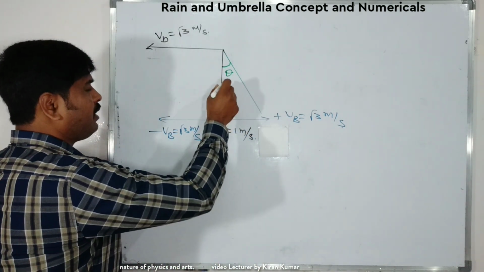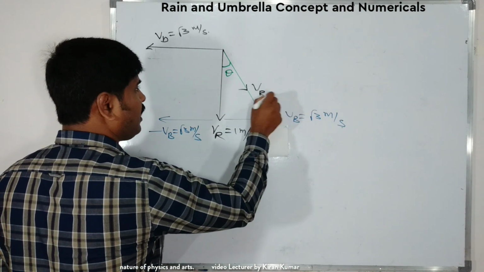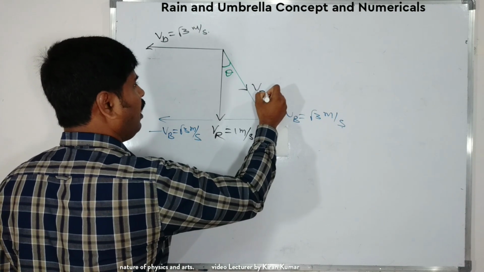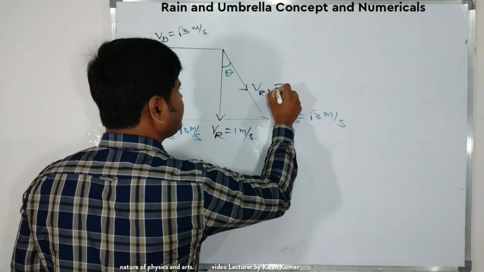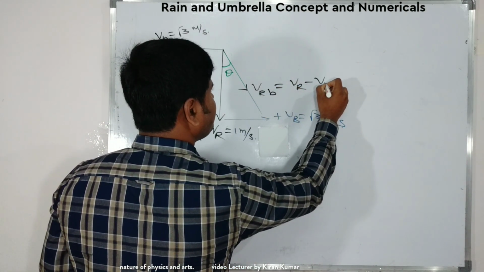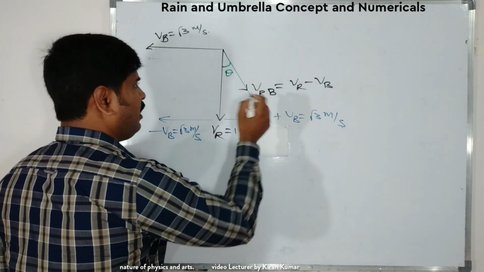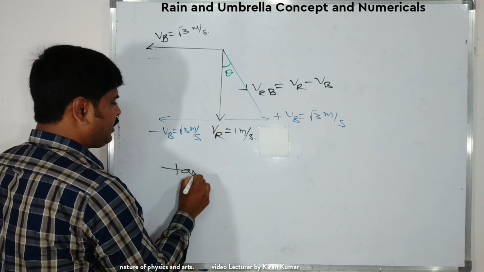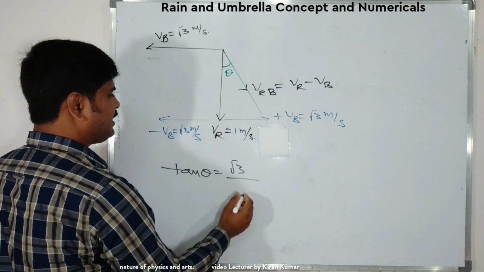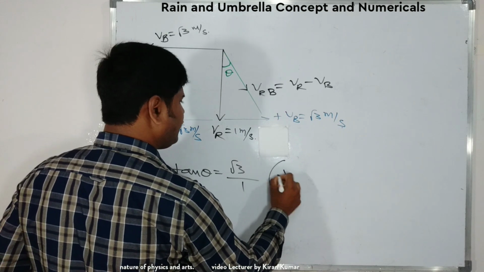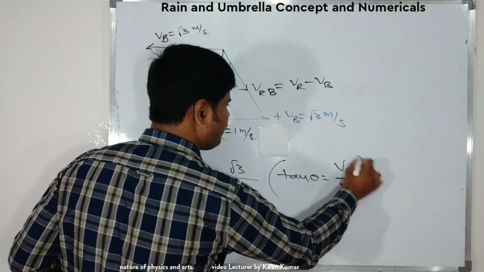Try to understand from this concept clearly. This is the velocity of the rain with respect to the bicycle girl, taken as VRB, which equals VR minus VB, with capital B. Then tan theta equals the opposite side, root 3, divided by the adjacent side, 1. Simply, tan theta equals the velocity of the bicycle divided by the velocity of the rain.